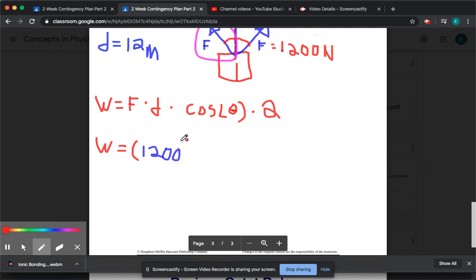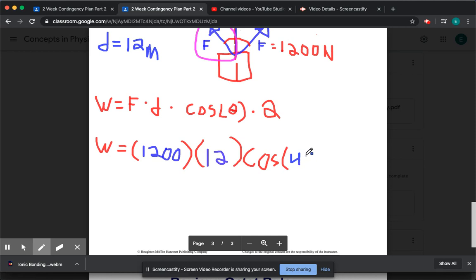Make these separate colors for the sake of visibility. D is going to be 12 times cosine of 45 times 2.